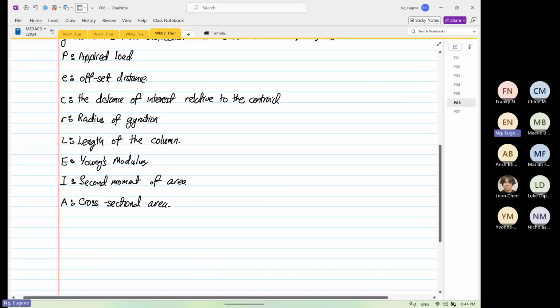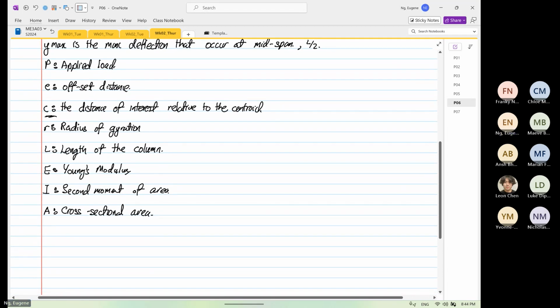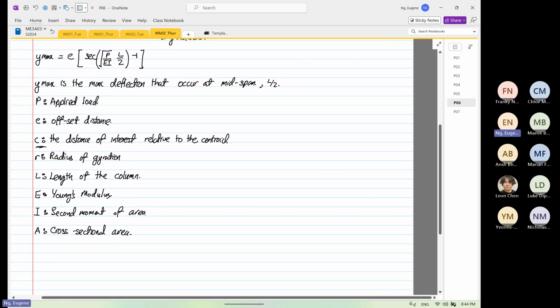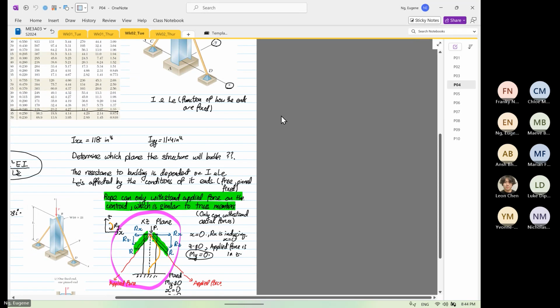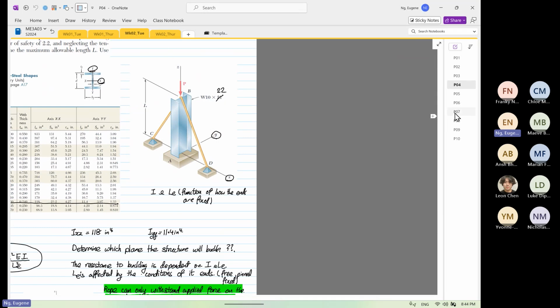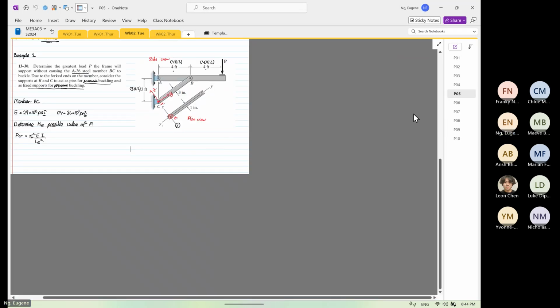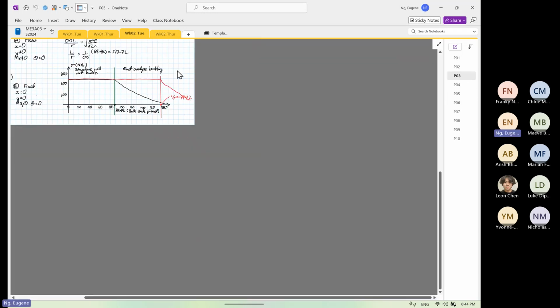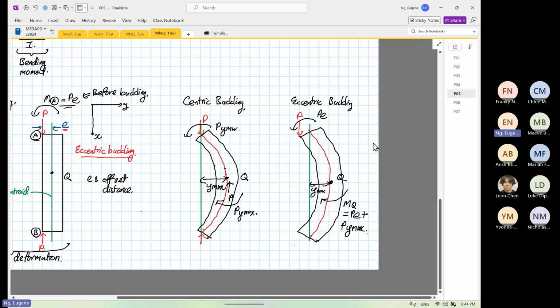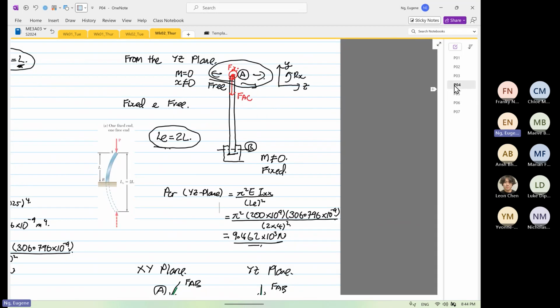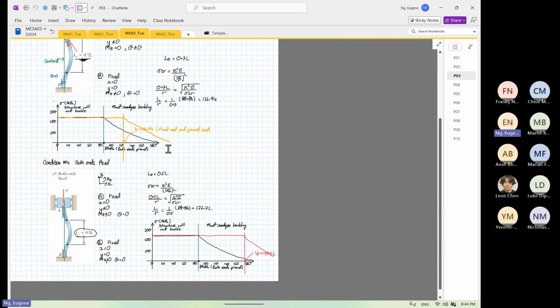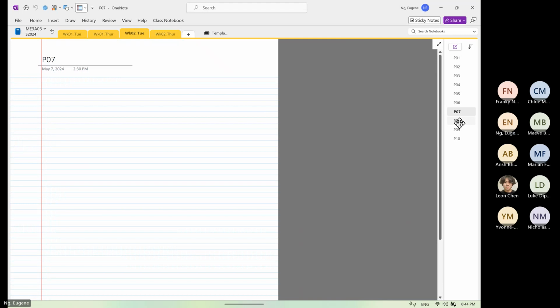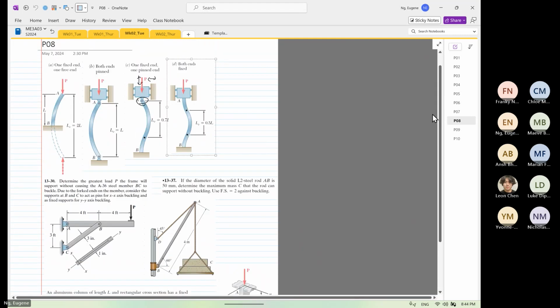Now, one thing you might not be sure of is what do we mean by C? Let me pick a structure. Circle is no good. I'll use this example over here.